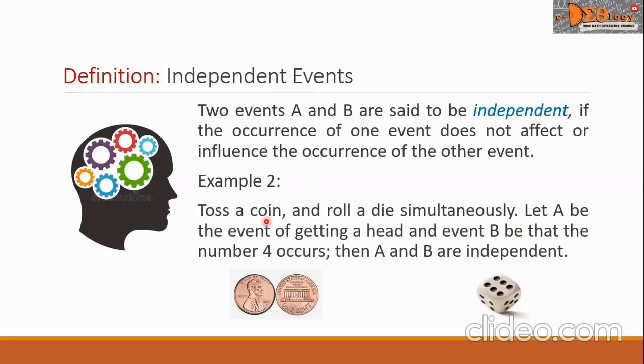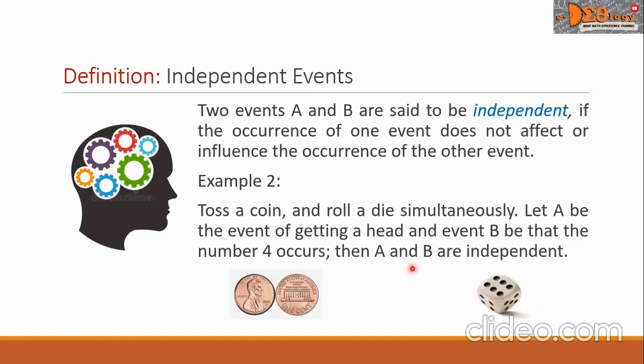Example 2. Toss a coin and roll a die simultaneously. Let A be the event of getting a head and event B be that the number 4 occurs.